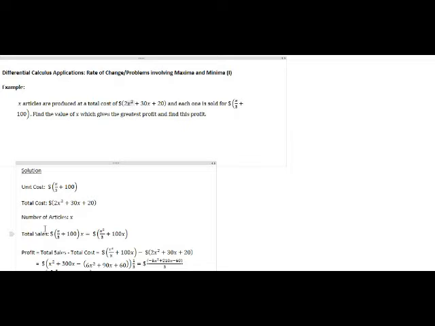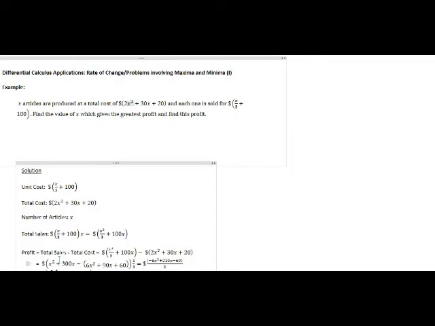The total sales is going to be the selling price of a unit article multiplied by the number of articles, right?